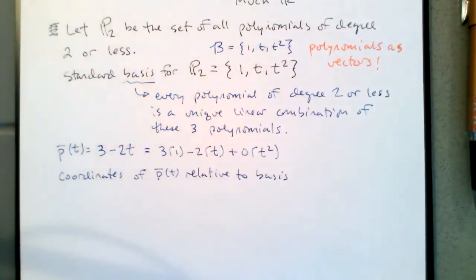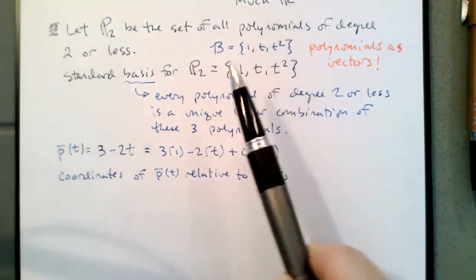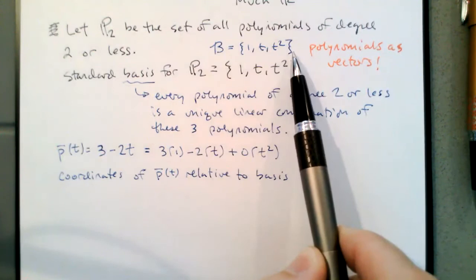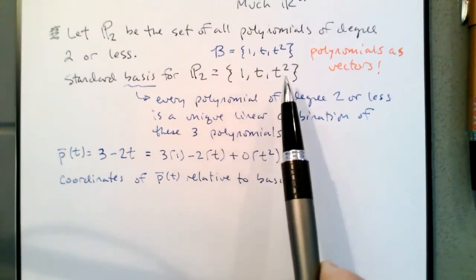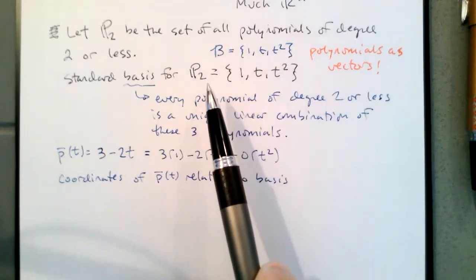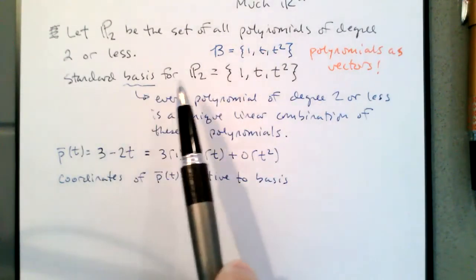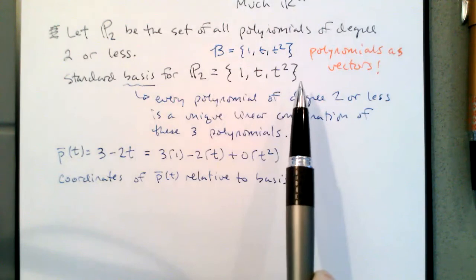A lot of times for bases, we use script capital letters. So fancy B is the name of this set. Notice that fancy B is only these three vectors. I'm not saying that P2 is equal to 1, t and t squared. P2 is all the polynomials. The standard basis for P2 is these three vectors.